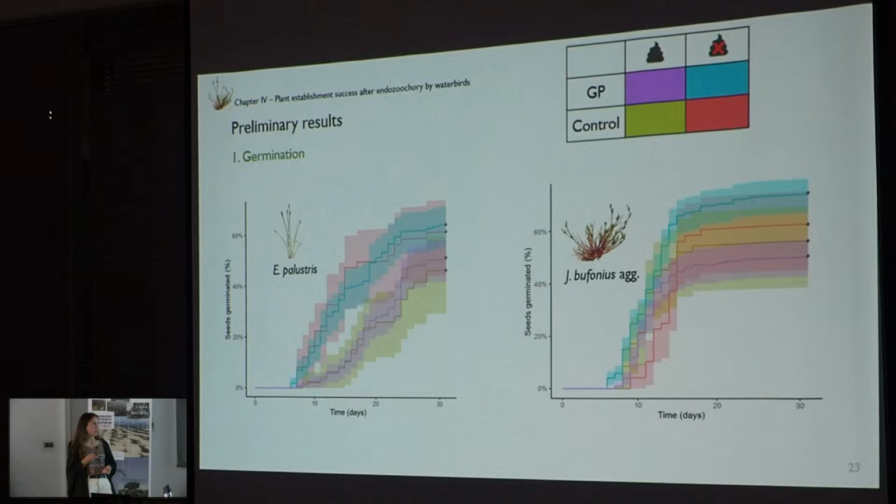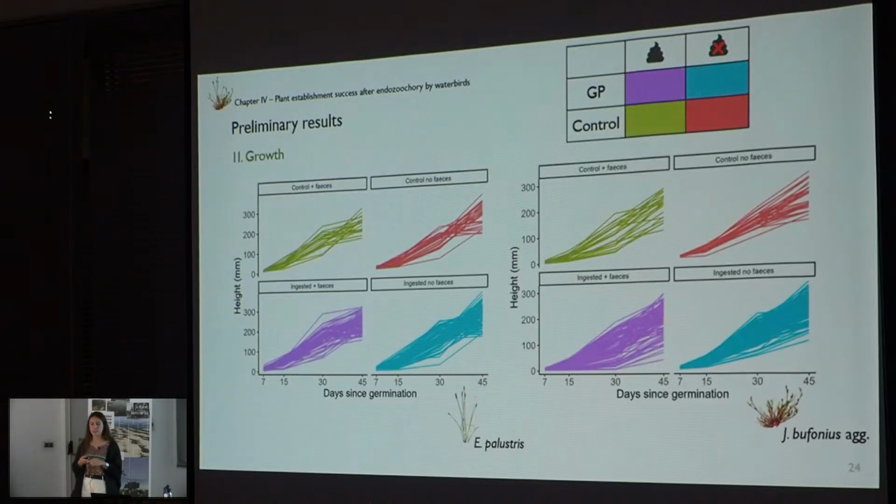In these plots, we wanted to see differences in the growth pattern between treatments, and graphically we cannot see a clear pattern, but it's true that for Juncus, feces could be hindering the growth, at least at the beginning, as we can see in these almost flat lines in treatments with feces.